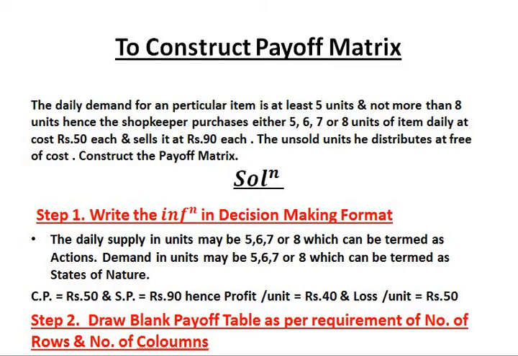Why? Because there is a limit, that is, maximum he can go for 8 units. So from the supply point of view, his actions will be either he will purchase 5 units or 6 units or 7 units or 8 units. That we may denote as A1, A2, A3, A4.